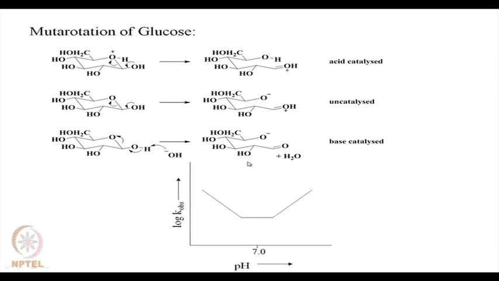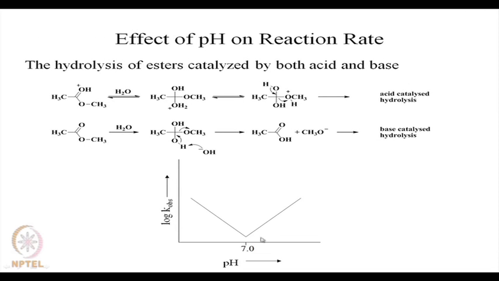So, with that finite value of OH minus or H plus, this step proceeds, but with a rate much reduced. So, in the vicinity of pH 7, we see that it is flat, it increases further on the right hand side and also on the left hand side, like the example I gave in the earlier slide, for hydrolysis of ester catalyzed by acid or base.